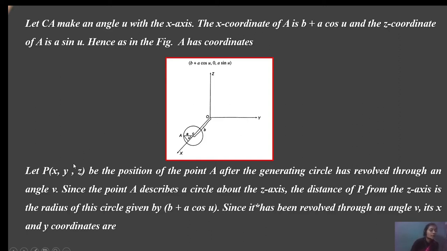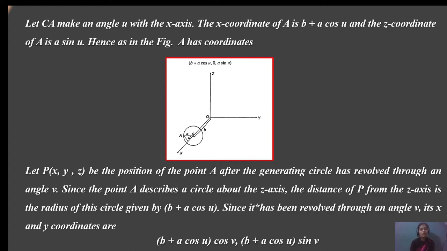Let P(x, y, z) be the position of the point after the generating circle is revolved through the angle v. Since A describes a circle about the z axis, the distance of the point P from the z axis is the radius of this circle, b plus a cos u.